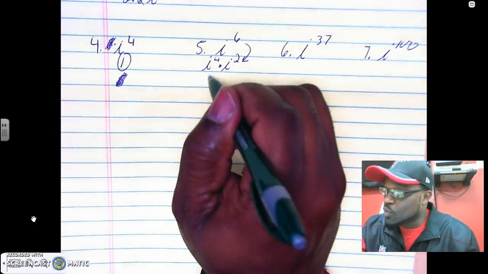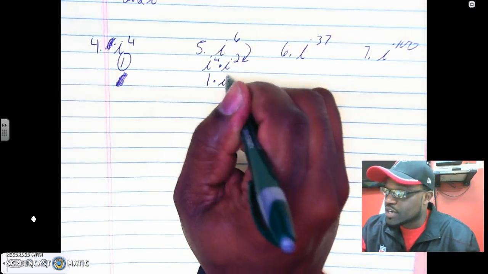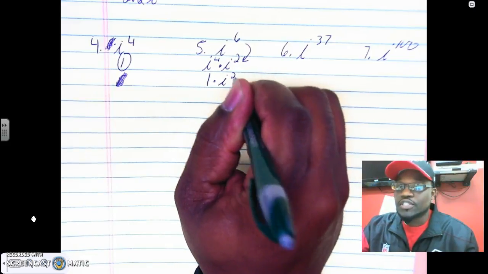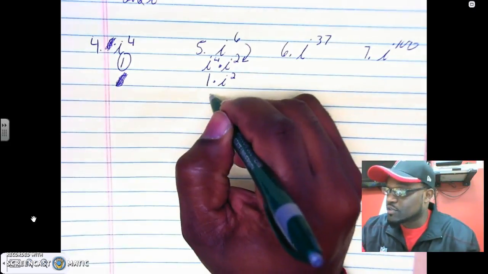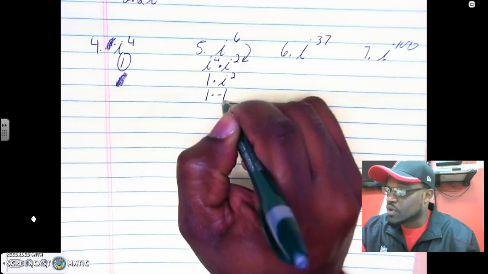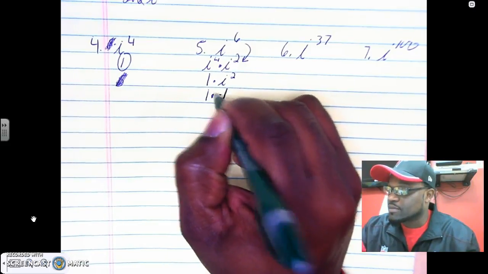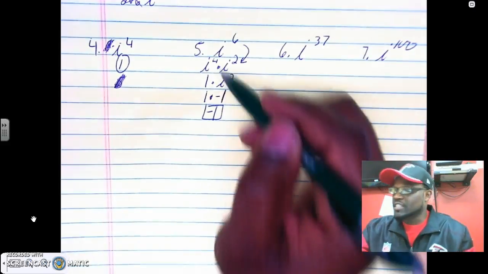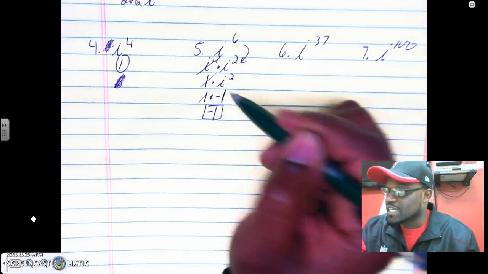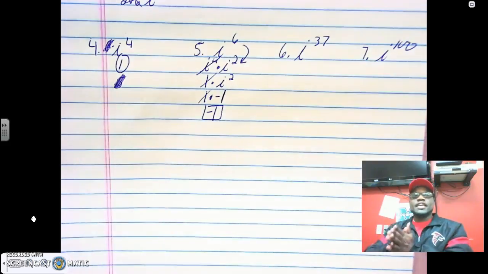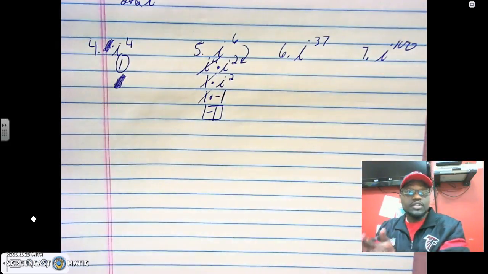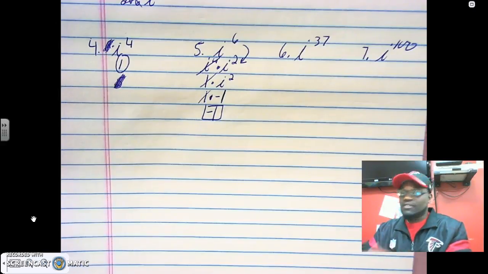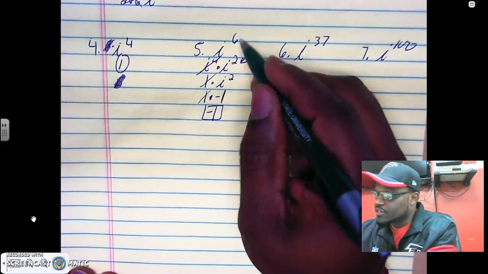This is basically 1 times i squared. And what is i squared according to the chart? Look at your chart. That actually equals negative 1. So 1 times negative 1 is simply negative 1. So basically, you don't even need this part. It's not necessary. Once you get rid of the i to the 4th, the biggest multiple, then all you have left over, what's going to be your answer, is over here.